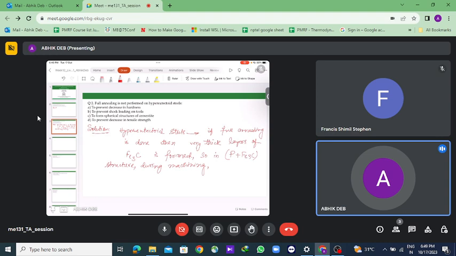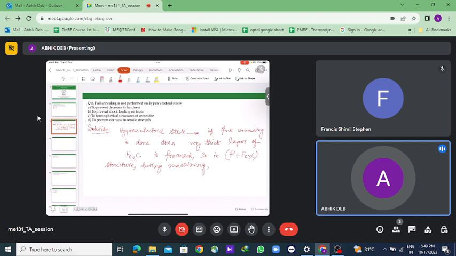Okay, and in process annealing, what is the main aim? It is heated below the lower critical temperature to reduce the effect of strain hardening. That is, if the surface has become strain hardened or work hardened, then to reduce that effect, to relieve that residual compressive stress, it is done.